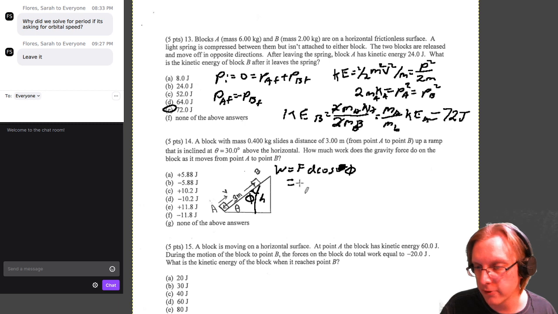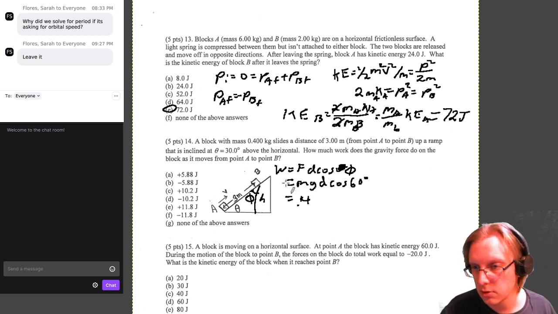So then we end up with force, we have our mg pulling down, the distance we travel, d, cosine 60 degrees. So we end up with 0.4 kilograms, 9.8 meters per second squared, cosine of 60 degrees.